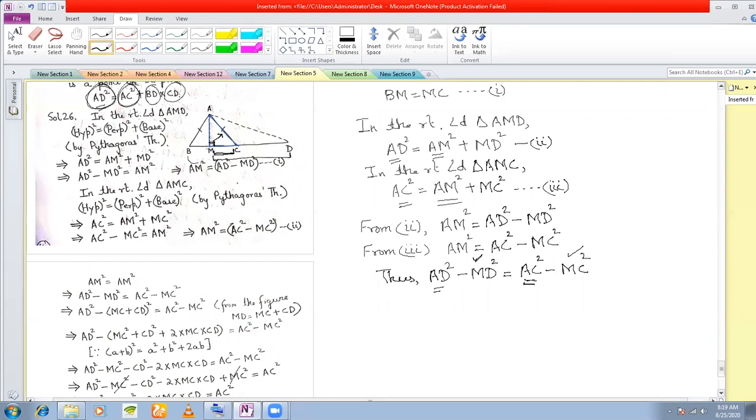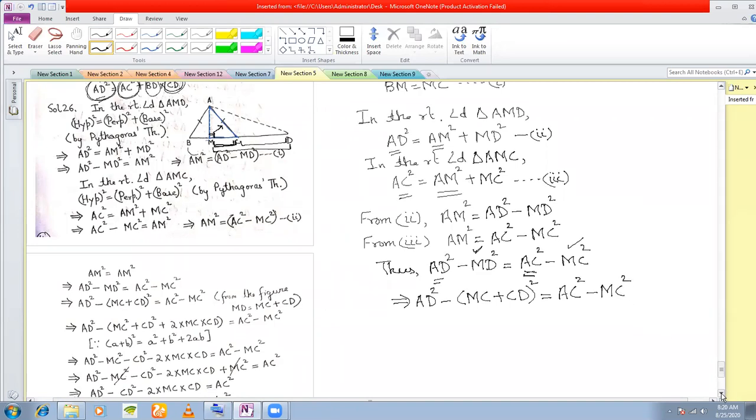So what I see here, that MD can be written as a sum of MC and CD, because I see a CD is also there in the proof. So what I do here is that I write MD as MC plus CD whole square, is equal to, and the others I keep it as it is.